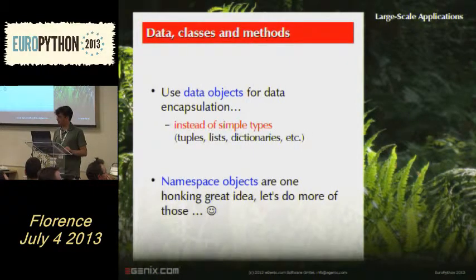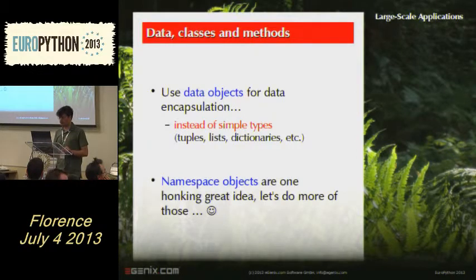I know many people like to put data directly into dictionaries, tuples, or lists. What we found is that it makes much more sense to actually write data objects for everything that you do in your application, because it makes it very much easier to refactor your code afterwards. It makes it very much easier to add new functionality to your data or make changes to your data in a way that doesn't necessarily affect the whole application.